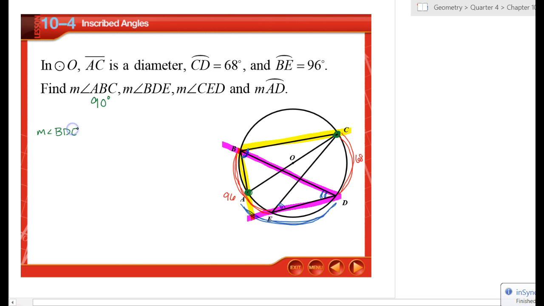So BDE has to equal half of 96, which gives me 48 degrees. Alright, so I found this one, I found this one.